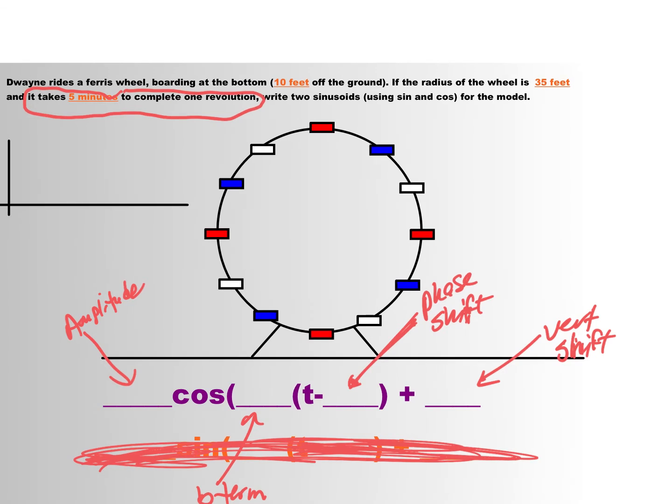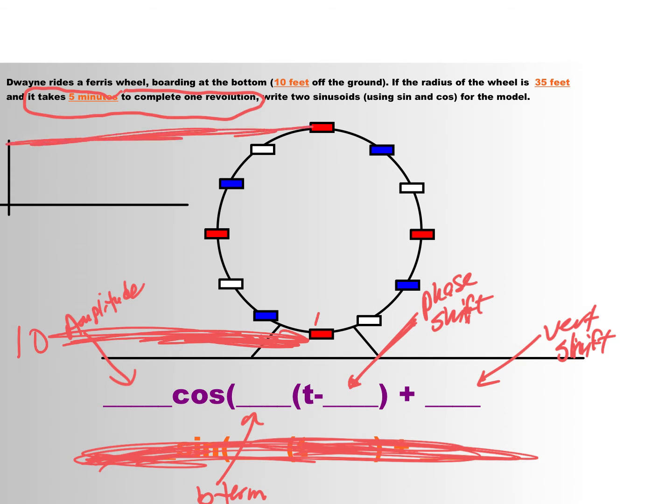All right, you board at 10 feet off the ground. Would you agree that this height right here, the y value of it, the height of it is 10? And the highest spot, and the first time I looked at this, I thought the highest you went was 35 feet. That is not true. What is 35 feet actually?